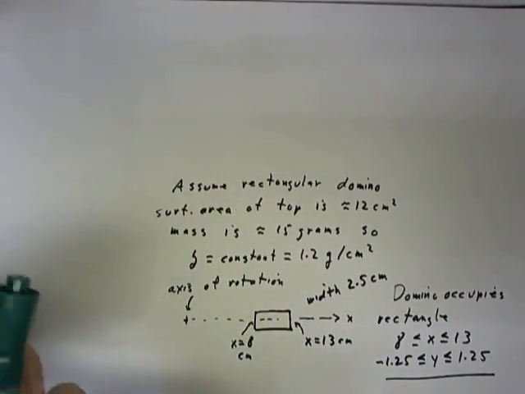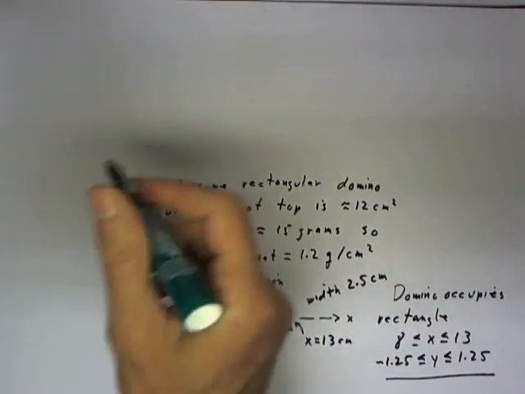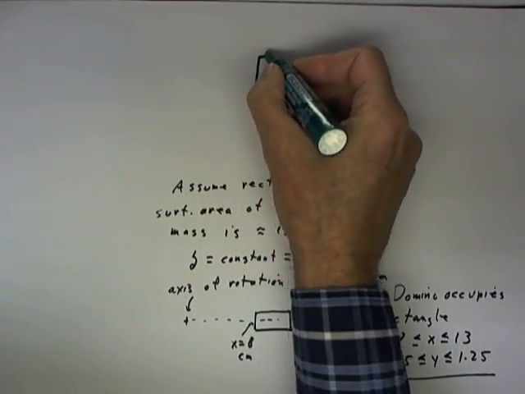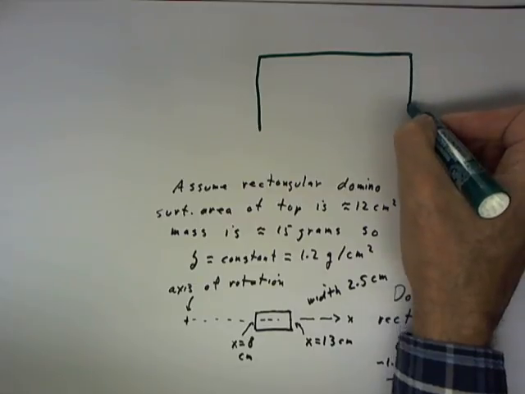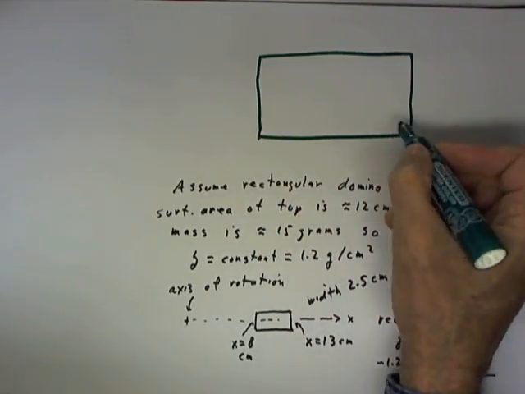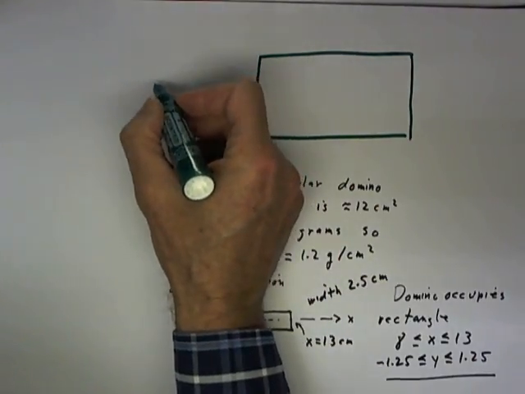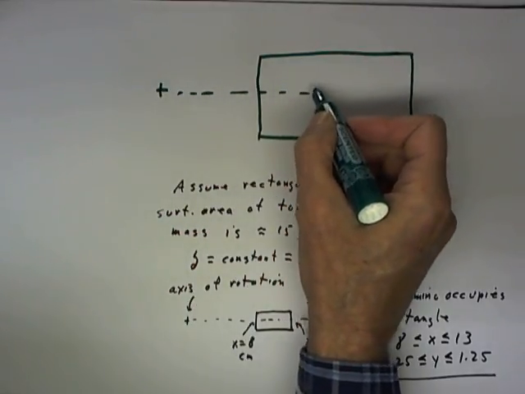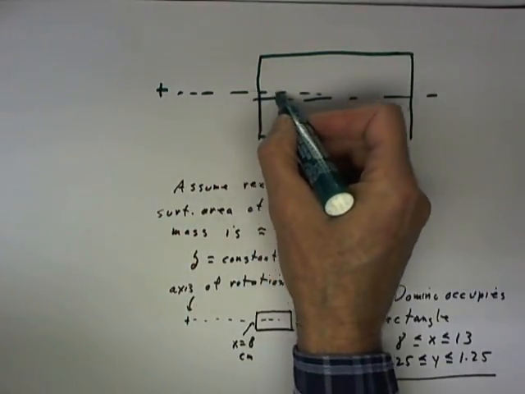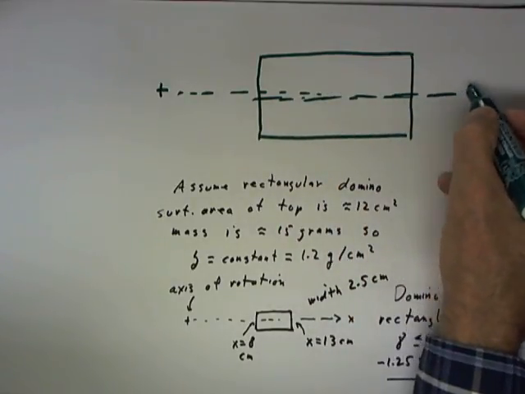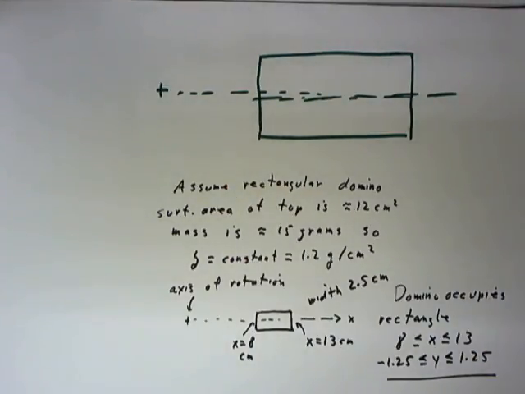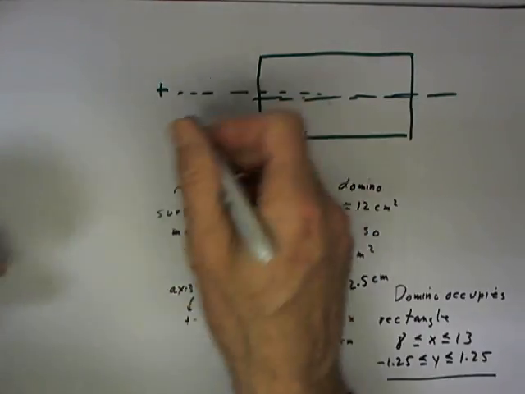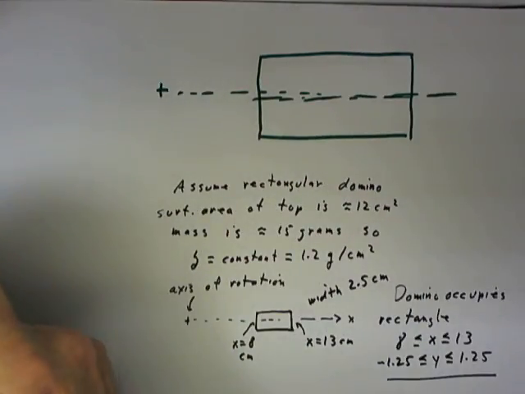Now, I want to go ahead and draw a little bigger picture of the domino up here, and put our axis here. Don't have real good symmetry there, but we'll try to live with that. We're going to partition our x-axis from this point to this point.